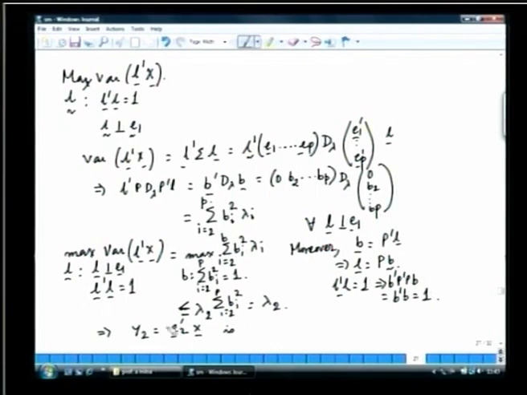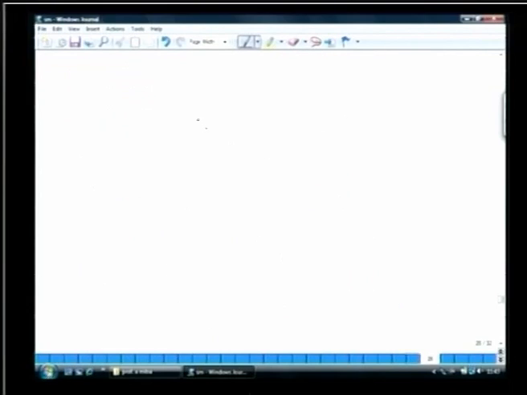Before that, let us just check the variance of E2 x, just the way we have done in the case of the first principal component, and then only we can comment on that. Now, next, variance of y2, which is variance of E2 x, right.